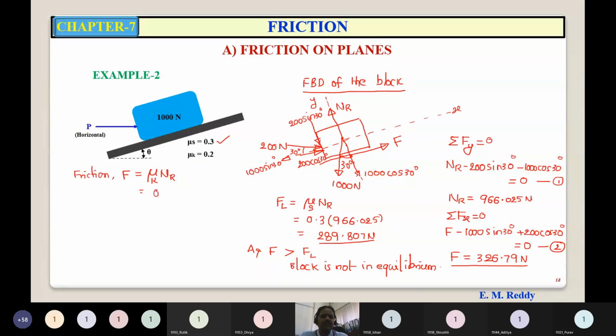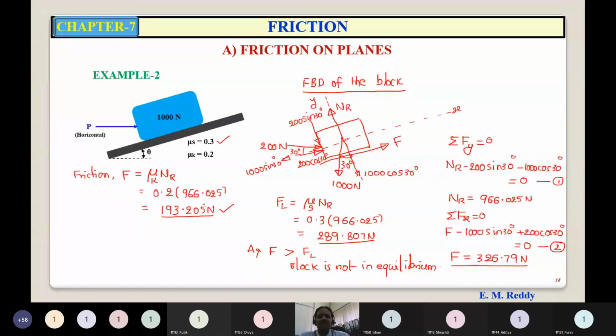The coefficient of kinetic friction is 0.2 into 966.025, so this will be 193.205. This is the magnitude of friction force.